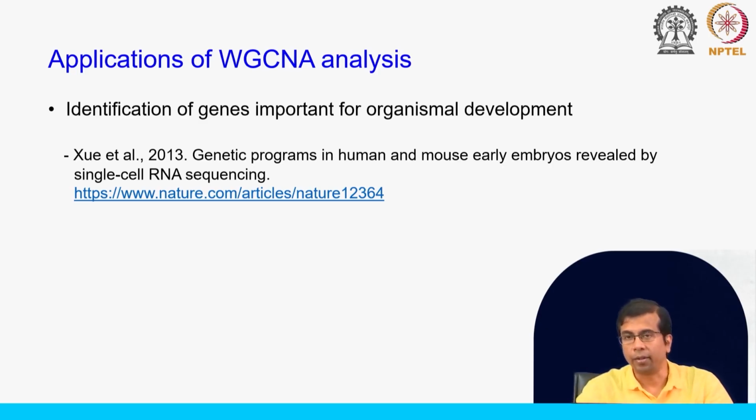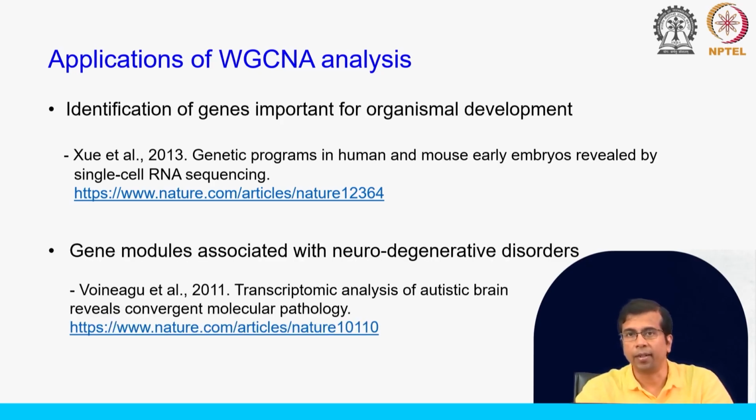Okay. So, as you can see, you have a variety of applications, and finally, here is another example of identification of gene modules in neurodegenerative disorders. For example, the paper I am showing here is for autism spectrum disorder, but this similar concept of WGCNA has been applied to, for example, Huntington disease and other diseases as well.